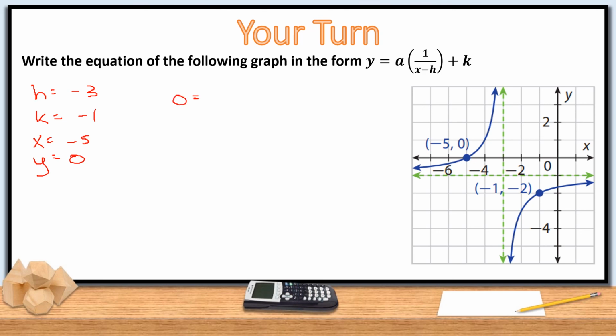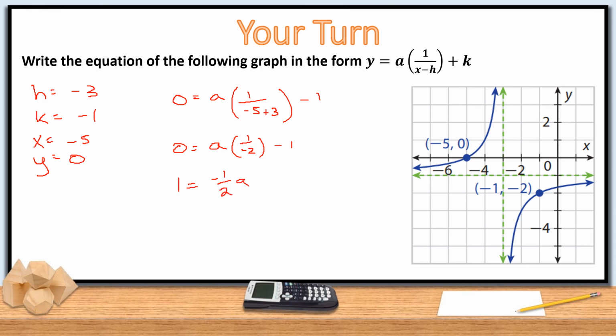So we got 0 is equal to a times 1 over x, which is minus 5, minus negative 3, so it's plus 3, all over, and then minus 1. So 0 is equal to a times 1 over minus 5 plus 3 is minus 2. So it's minus a half, minus 1. Add 1 to both sides. 1 is equal to minus a half a.